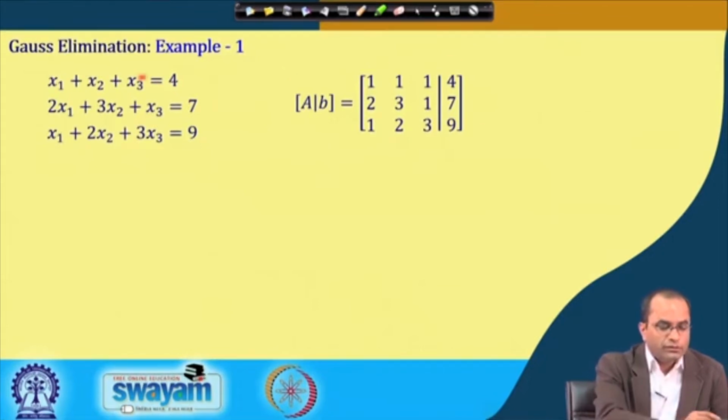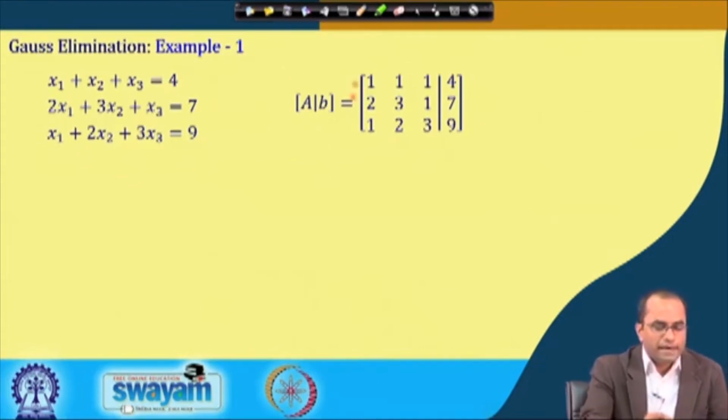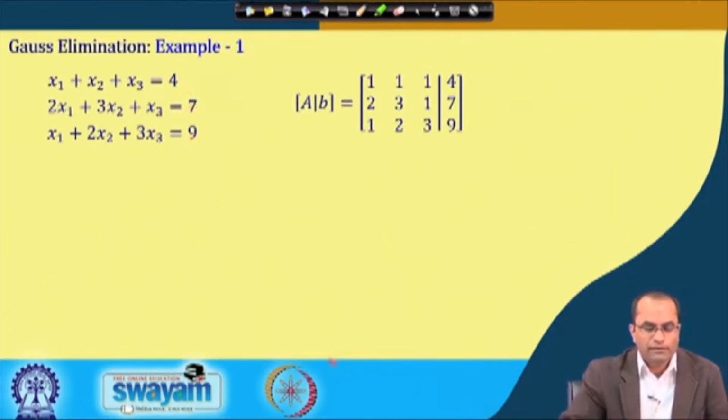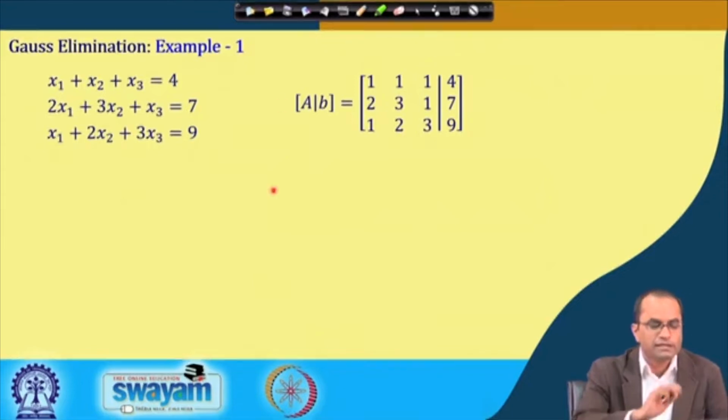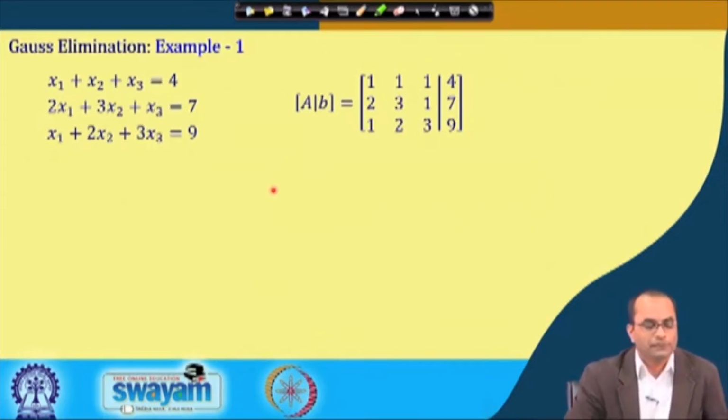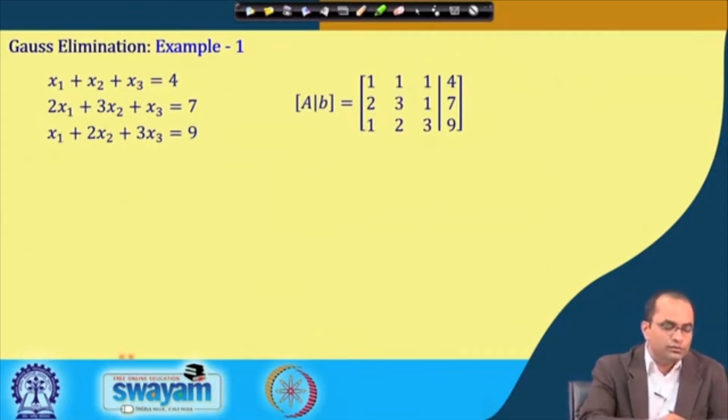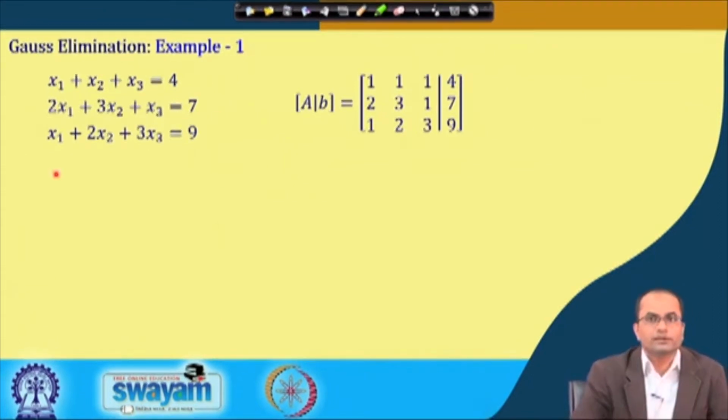First, we write down this system in matrix form, where we also augment the right hand side of the equations, 4, 7, 9. On the right hand side I will be doing precisely what we do in the Gauss elimination method, and on the left hand side we will be doing the same thing with the equations directly.